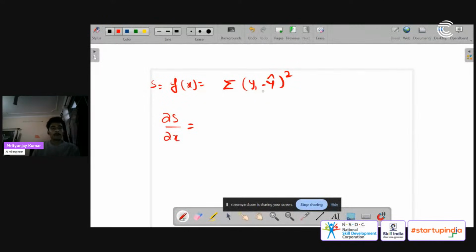Here also, y hat is the prediction, and it is coming from the line. That line is x1 into m plus b. I will write it the correct way.